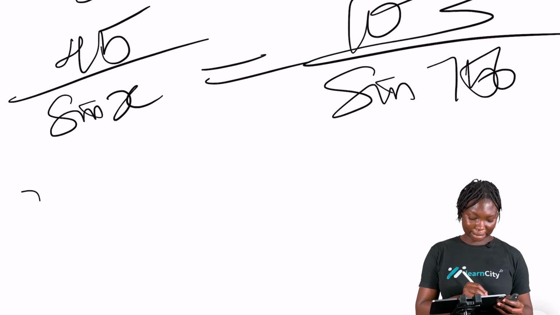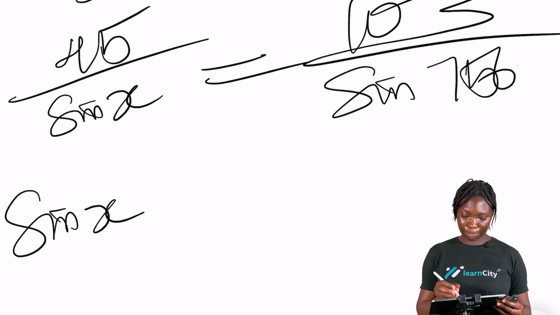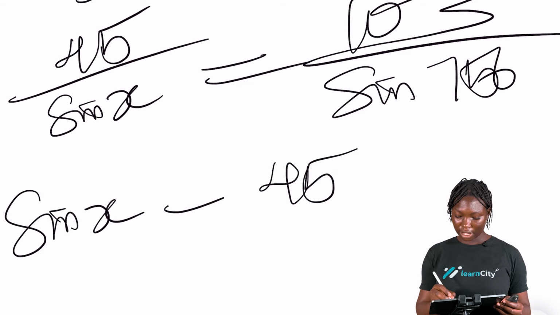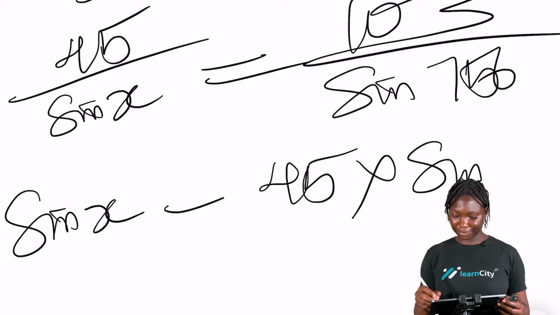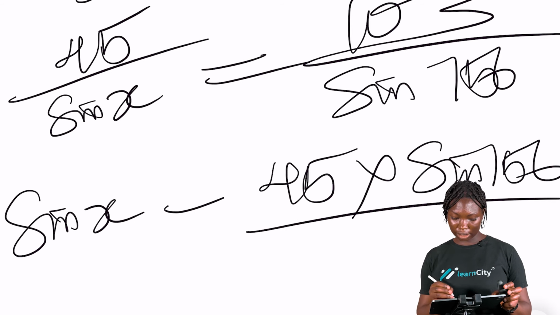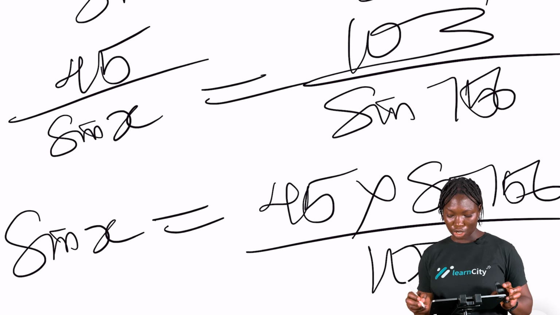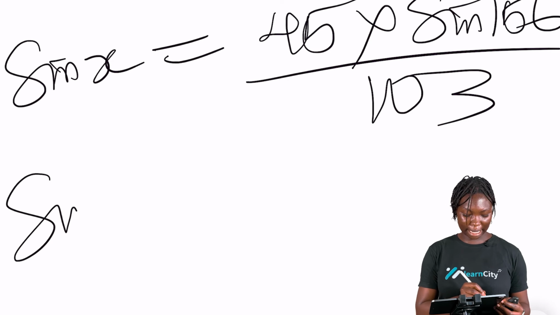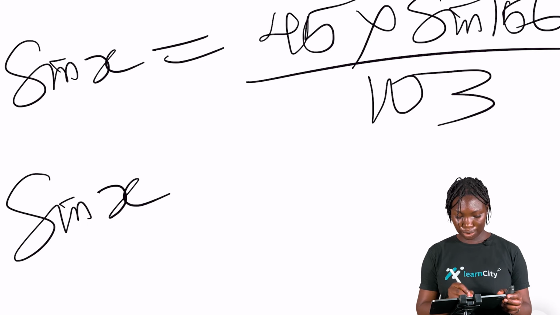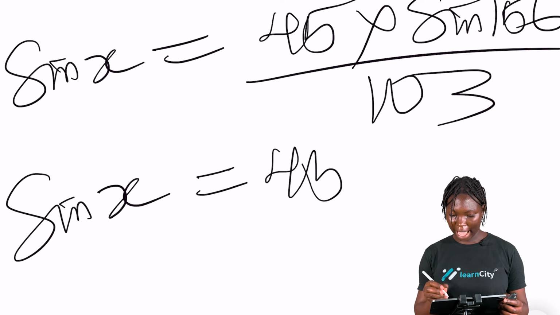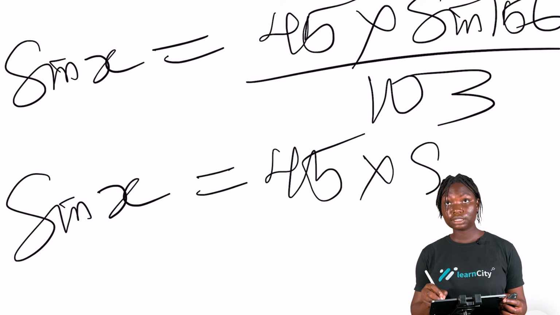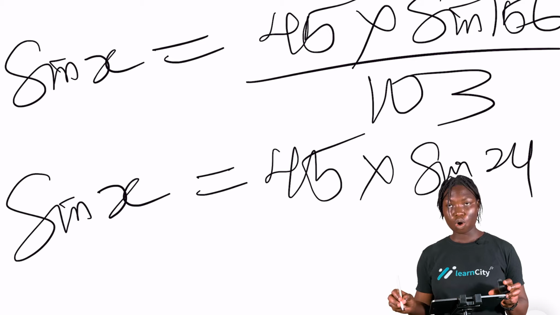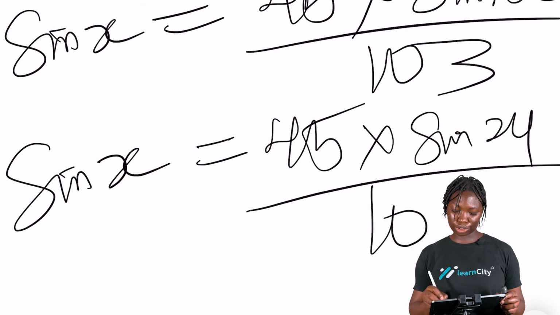So sine x is 45 times sine 156 over 103. Sine 156 is also sine 24, so sine x will be 45 times sine 24 over 103.